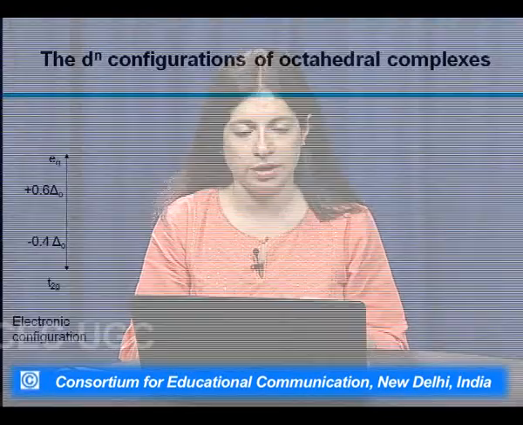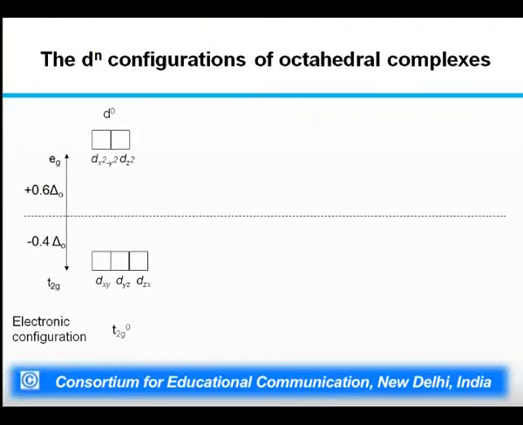So, now we learn how to fill up the d electrons in the metal when present in an octahedral complex. Now, this slide shows you the different configurations. If we have a d0 system, that means there is no electron in the d orbital. So, the electronic configuration would simply be t2g0, eg0.